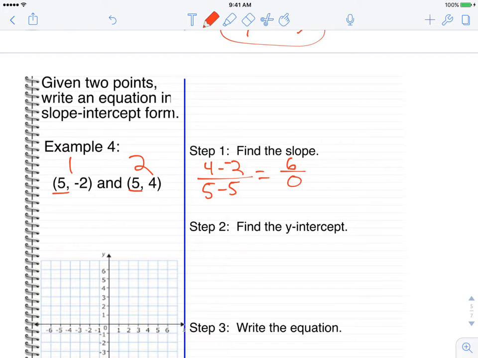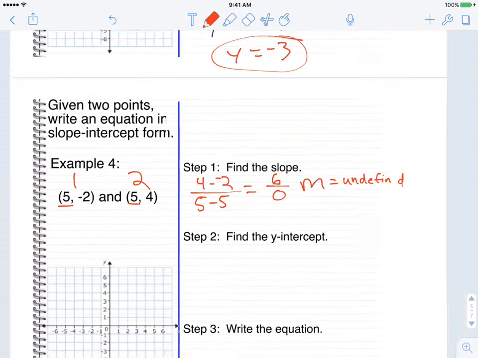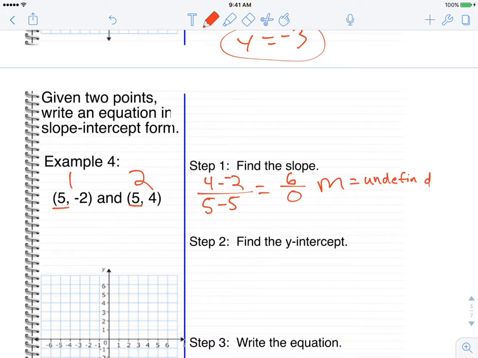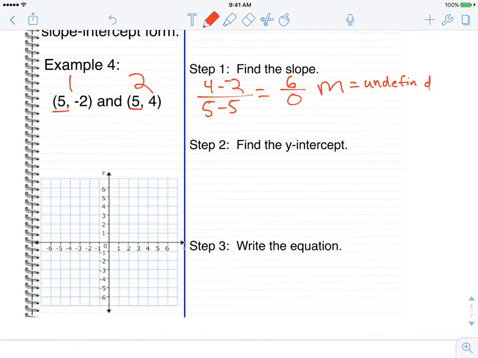So this is telling us that this is our special case in slope, where my slope is going to be undefined, because I cannot define that. There's an error. So next, if I've got undefined slope, that's a straight up and down line.